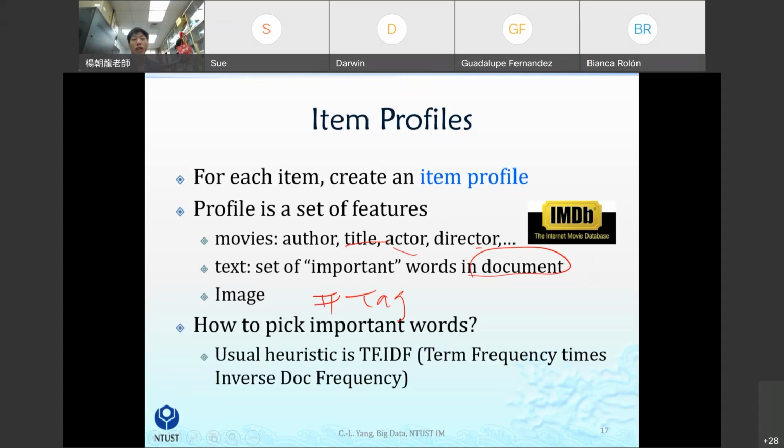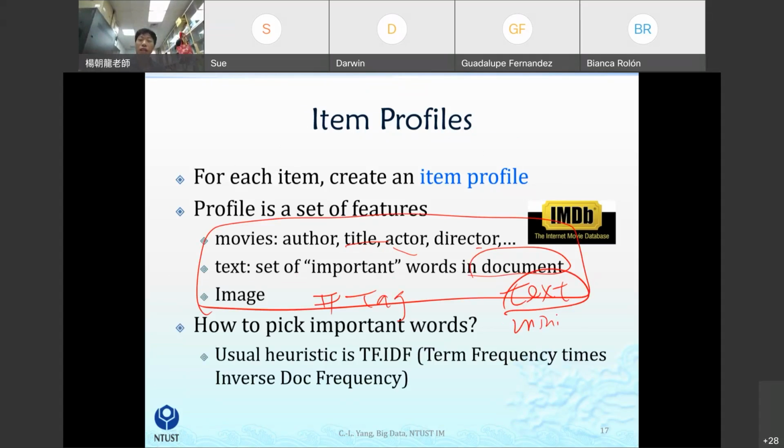Okay. So if you want to use that, you will notice that all the information is about text. For text mining, you already know one technique called TF-IDF. I think some students used this in your project one, right?